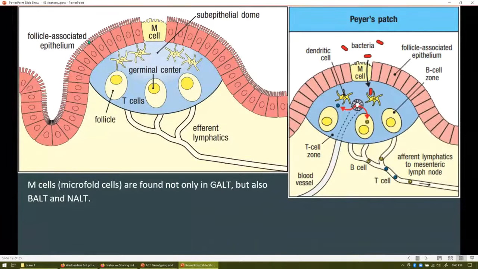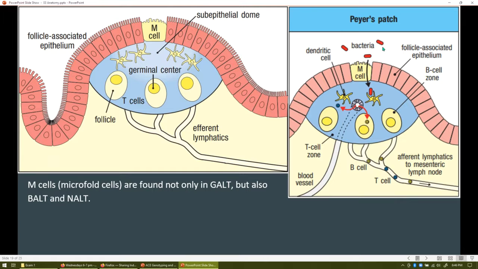So, this is gut-associated lymphoid tissue here. You've got cells. They're microfold cells, right? And they are found in all kinds of mucosa-associated lymphoid tissue. The job of a microfold cell is to transport antigens from the mucosal surface into basically a lymphoid structure.